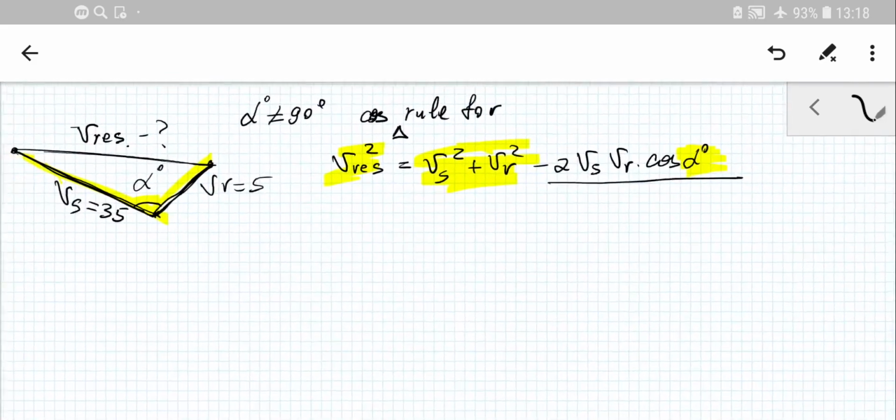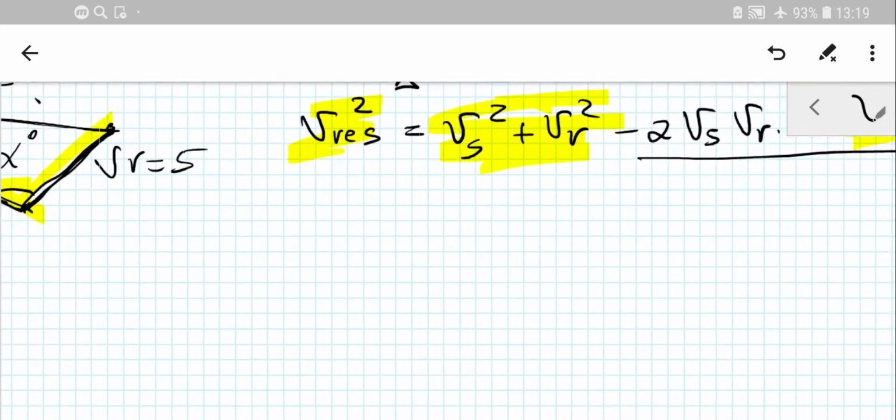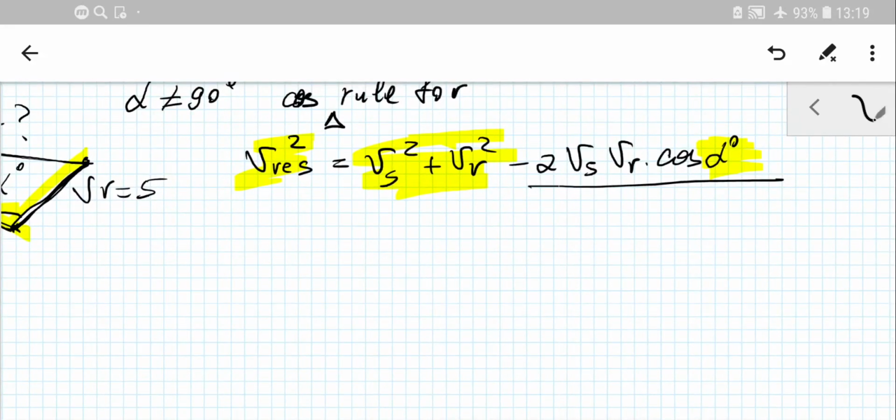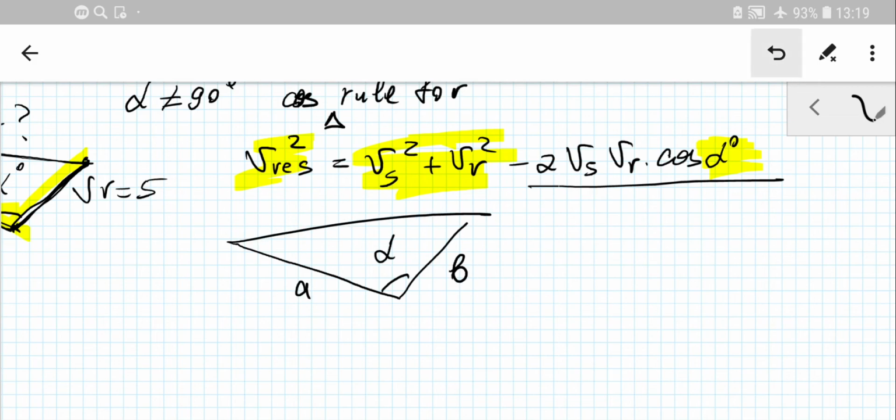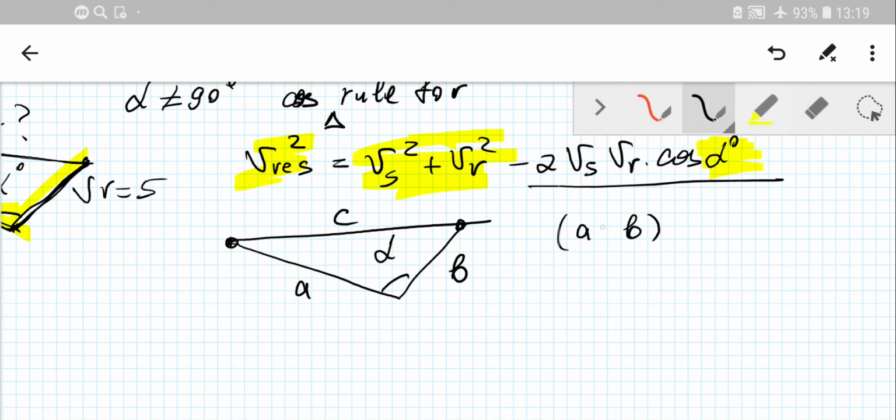So how do you memorize this rule? If we try to have some analogy and comparison, we can set up A, B, and C in the triangle, and this side is C. And remember, we have the formula A minus B squared, the square of the difference.